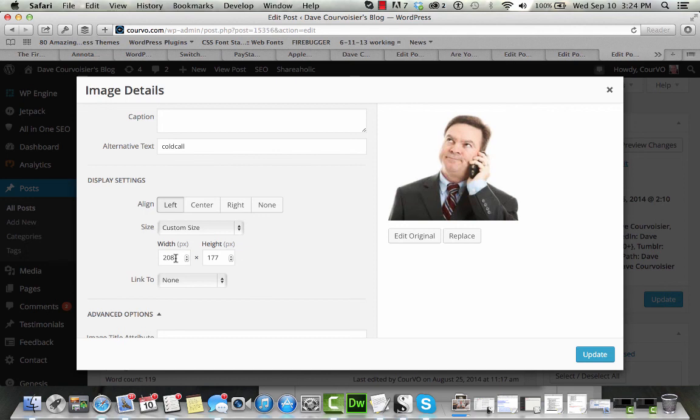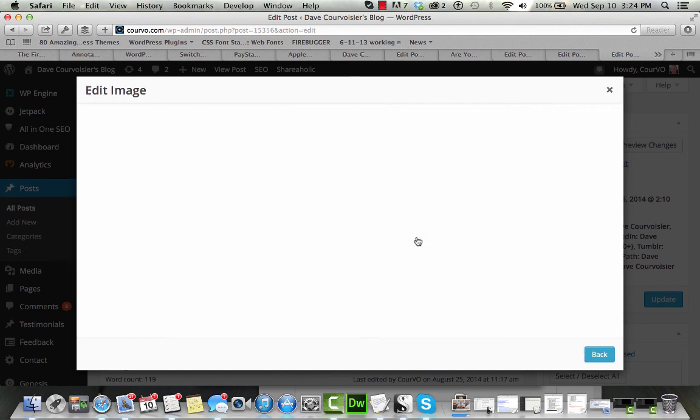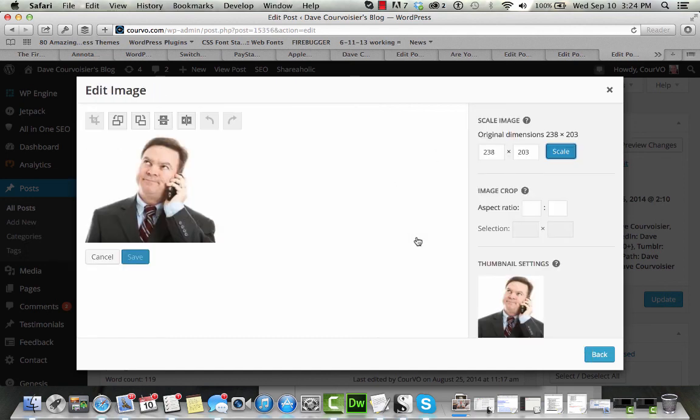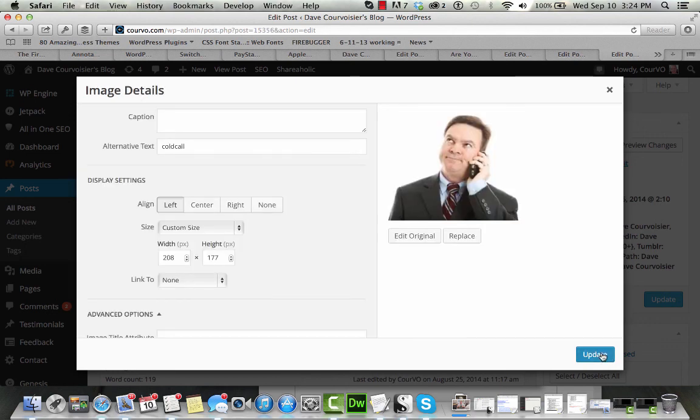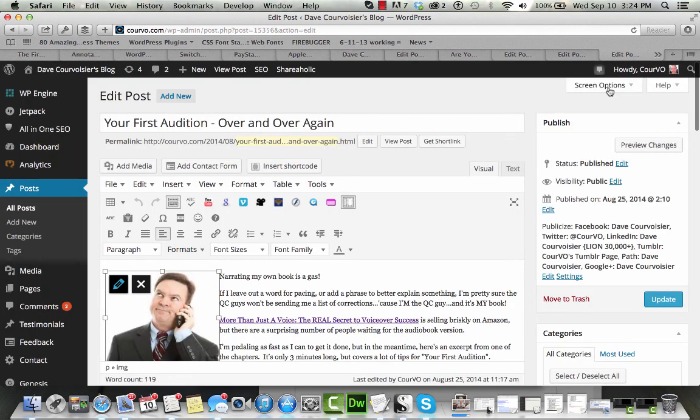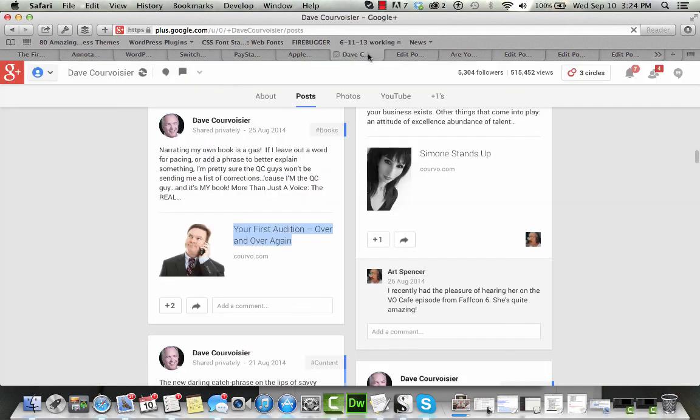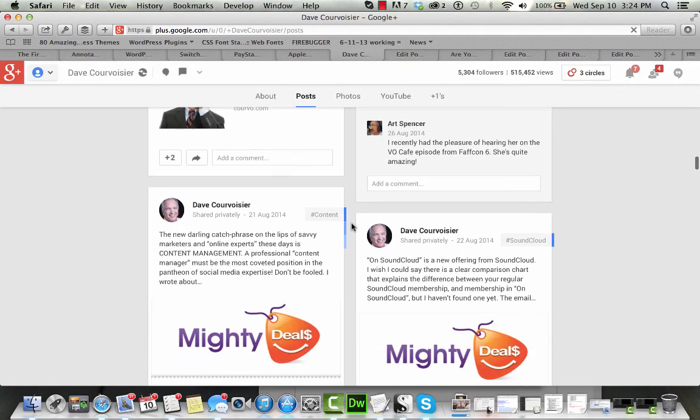Now, the image that was displayed was only 208. Let's take a look at that original image. It was 238. So that doesn't fit the rule either. It's a bit of a mystery to me at this point. I think there is something to that larger image concept, but I don't know the answer myself.